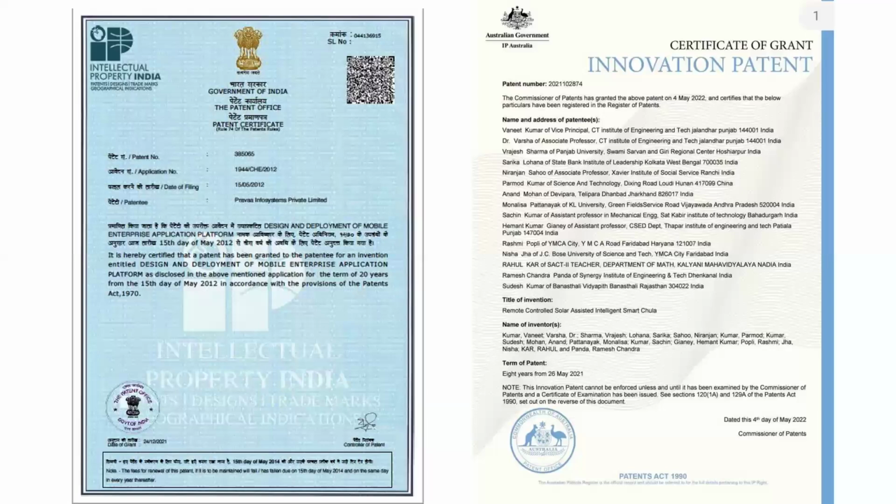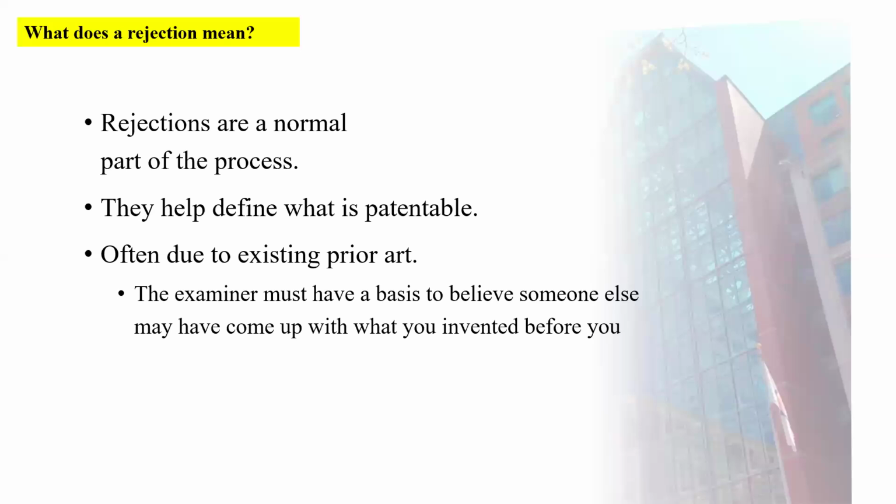So this is how the final grant image looks. Those who are doing their business in Australia in future might have these kinds of patents. Rejection is part and parcel of every researcher's life. Sometimes your patent application can be rejected also.